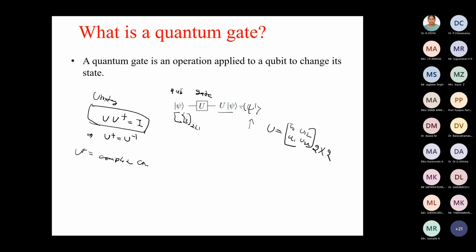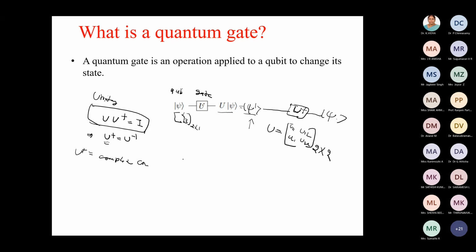What I'm saying is that if, on application of U, I get this psi dash, then there should be another gate that can bring me back to the state psi. So what is the inverse of this U? It is U dagger. If I apply this U dagger on this psi dash, I will get the same psi again.